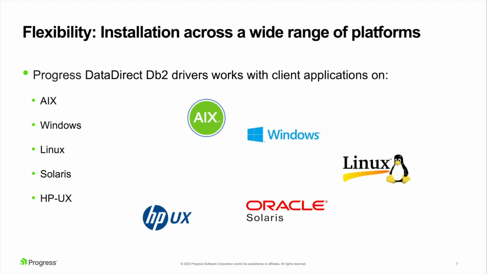The other thing is, I mentioned the focus of Progress DataDirect is to provide connectivity, and the idea was to connect any application running on any platform with any database. In this case, our DB2 driver will be installed where the client application is installed, not necessarily where the DB2 database is. So you may be connecting to a DB2 database running on a mainframe on Z series, but maybe you're connecting from a Linux box.